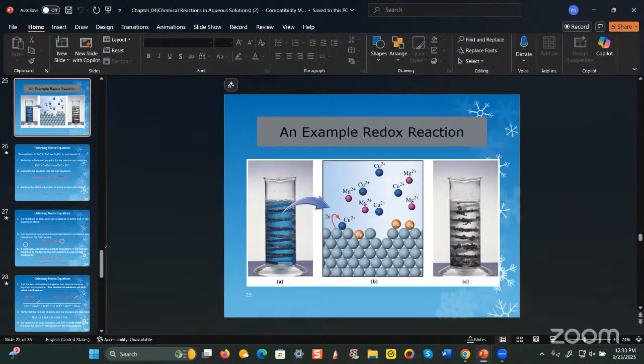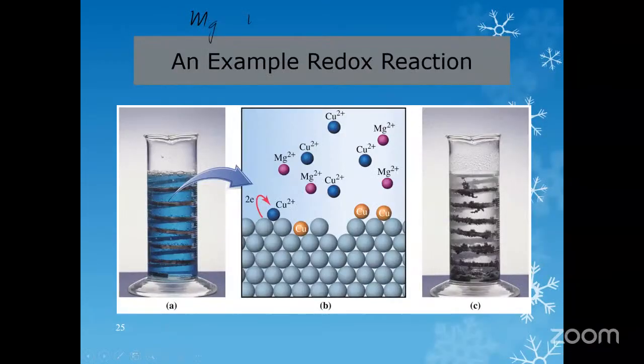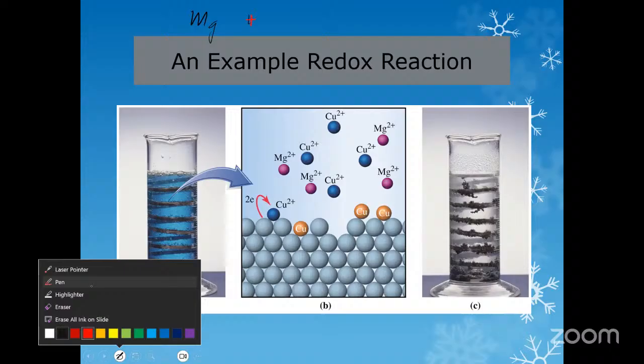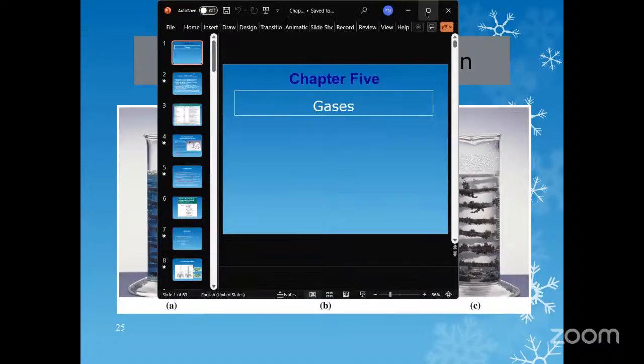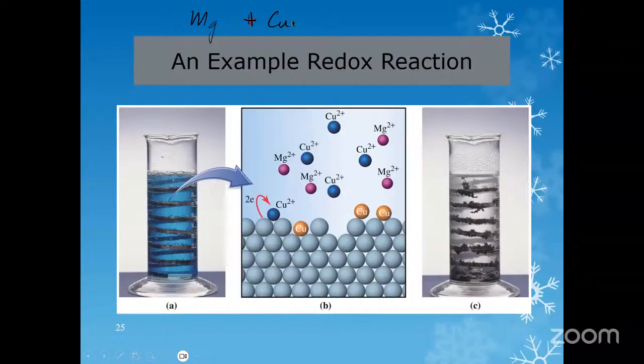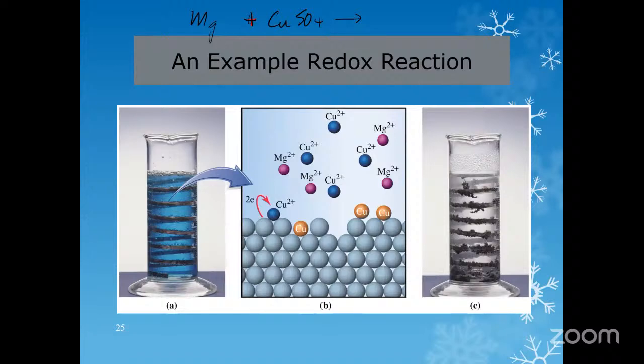The equation for this reaction is Mg plus CuSO4 to give MgSO4 plus copper, right?